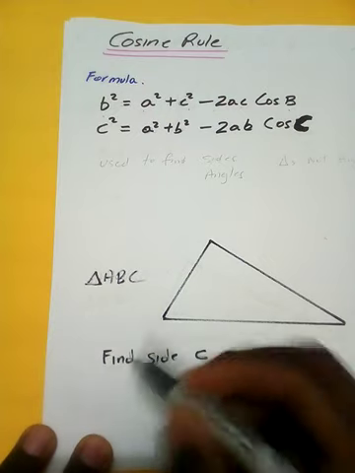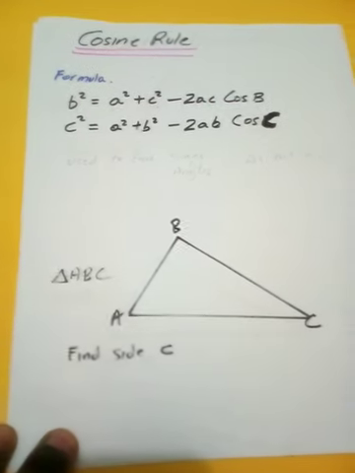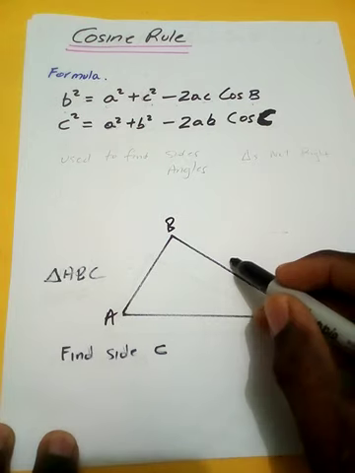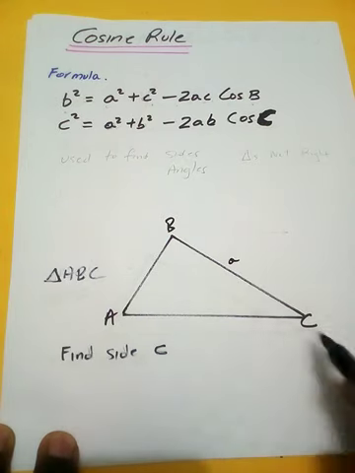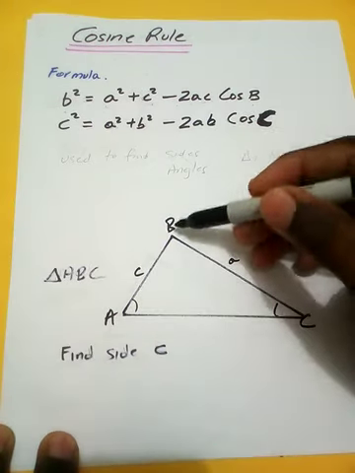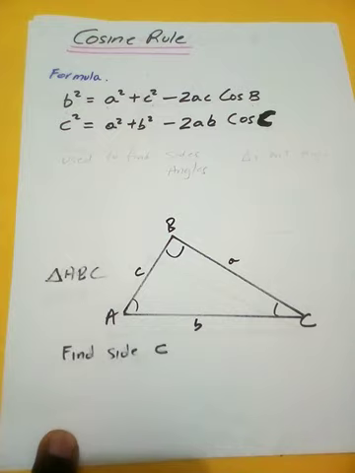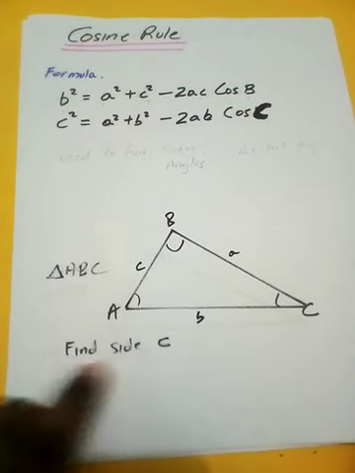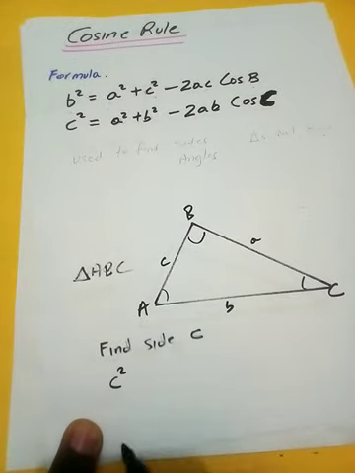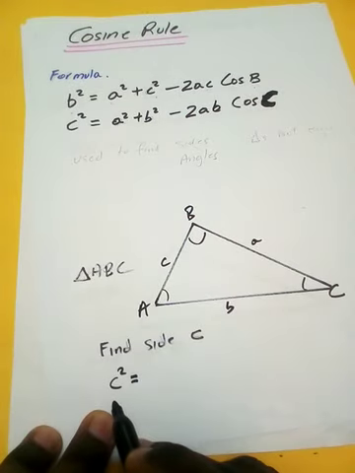I'm going to label the triangle in this direction: angle A, B, C. Then, like the sine rule, the side opposite to angle A we call common A, the side opposite to angle C we call common C, and the side opposite to angle B we call common B. If they say find side C, the side of reference, then we start with C.